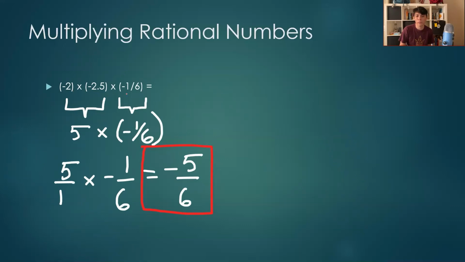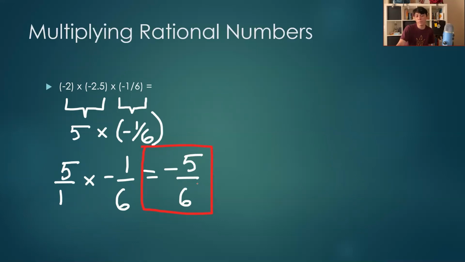And I just brought that down, and then I brought down -6 down. So 5 times -6. I converted the 5 into a fraction, so 5/1, and then I multiplied across. I brought that one down too before I multiplied across.